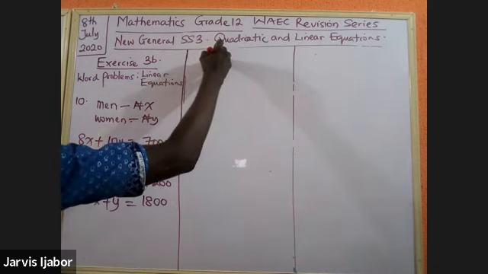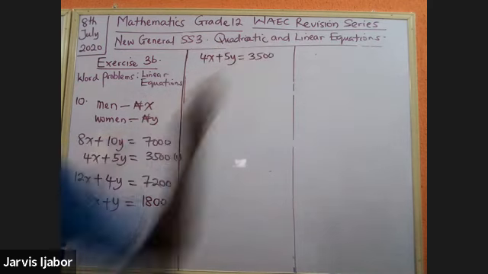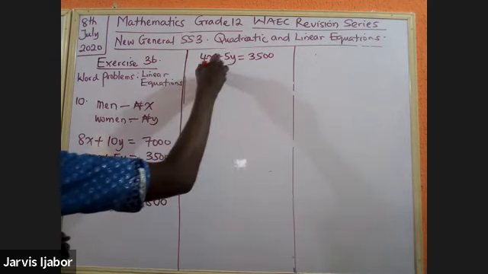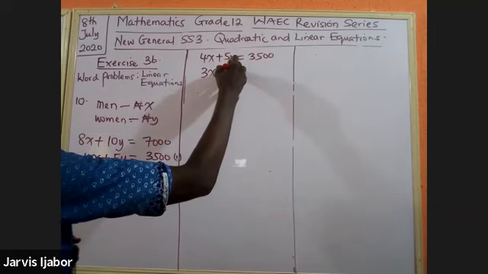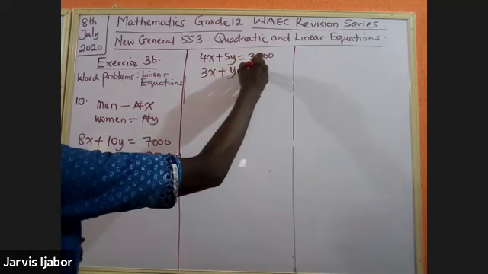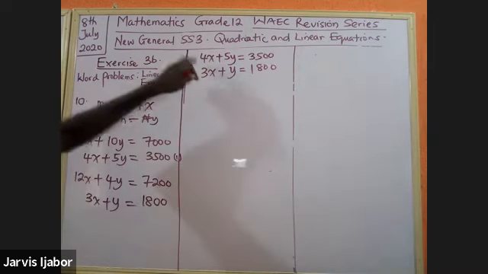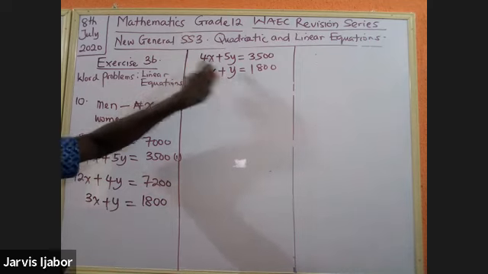4x plus 5y equals 3,500. Now, the reason I'm doing this is for clarity. If you look at this, the LCM here is 12. The LCM here is 5.